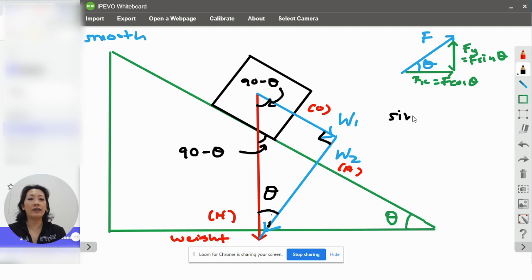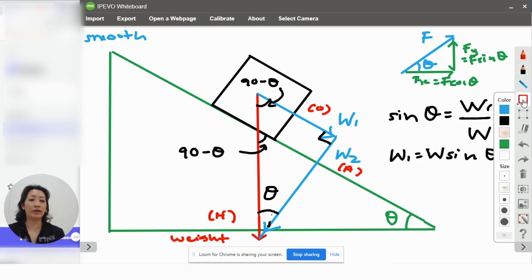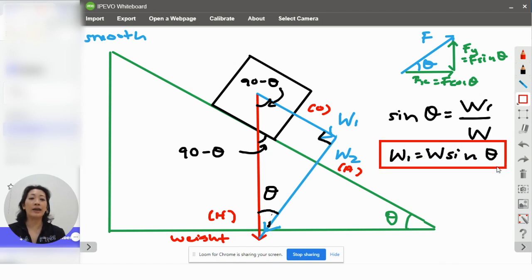So sine theta equals opposite over hypotenuse, which is W1 over weight. So how do you find W1? By bringing W up, you would get W sine theta. And that's why I mentioned earlier, you just need to use W sine theta as your shortcut.